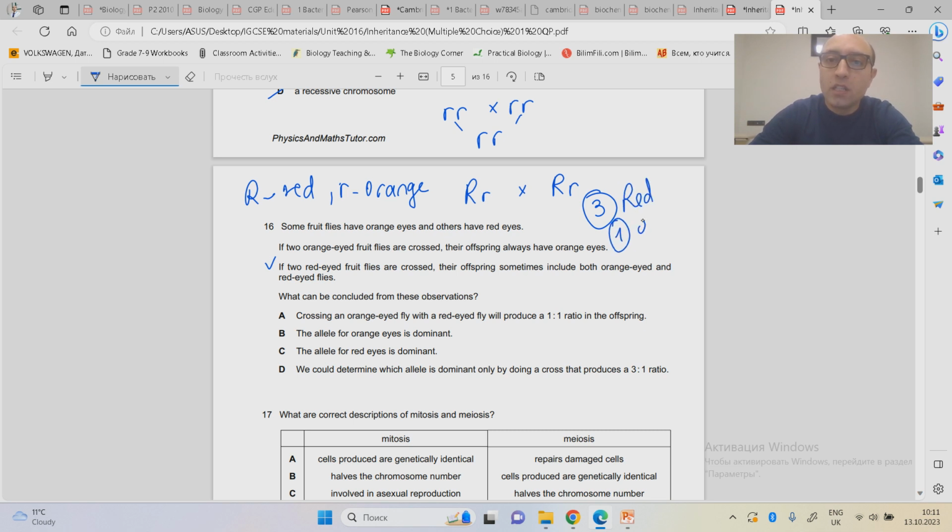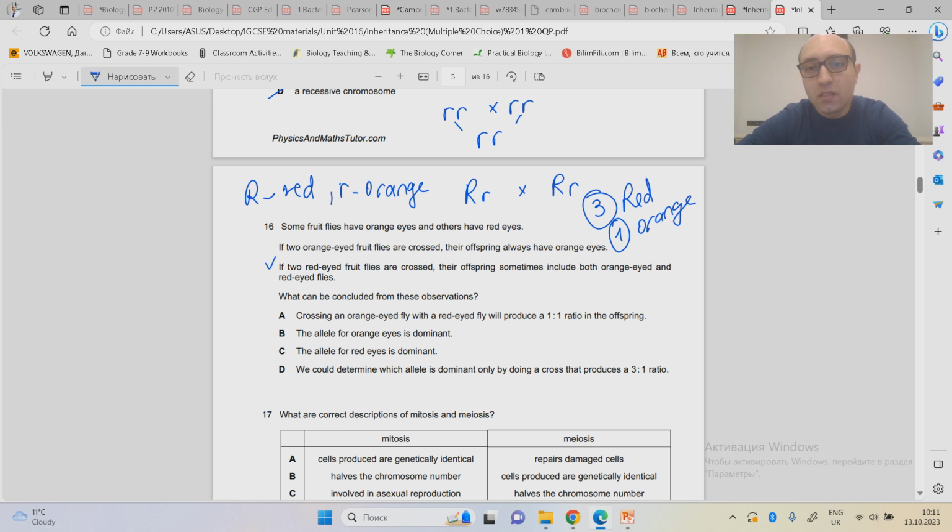One of them will have orange eye. So the ratio is 3 to 1. So what is the answer? What can be concluded from this observation? Crossing an orange-eyed fly with a red-eyed fly will produce a 1-to-1 ratio of offspring.